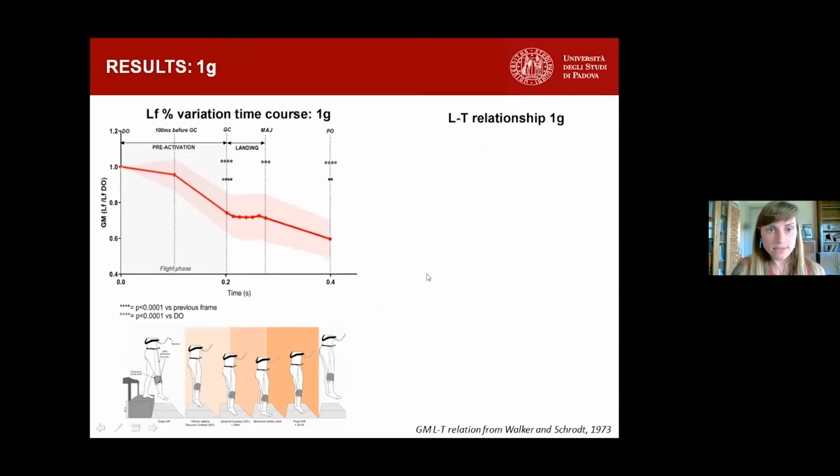Concerning our results in 1G, so the Earth's gravity, you can see here the percentage variation of fascicle length from the drop-off until the push-off. You can see that during pre-activation, as expected and as reported in the literature, muscle fascicles shortened, and afterwards behaved quasi-isometrically during the landing phase to allow for tendon elongation, and they shortened slightly further during the push-off.